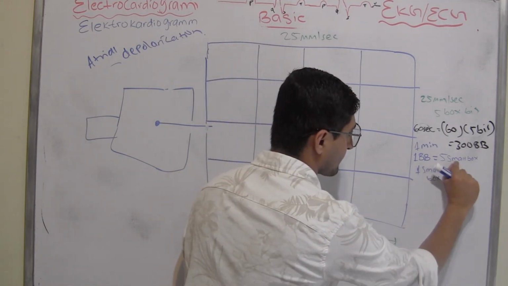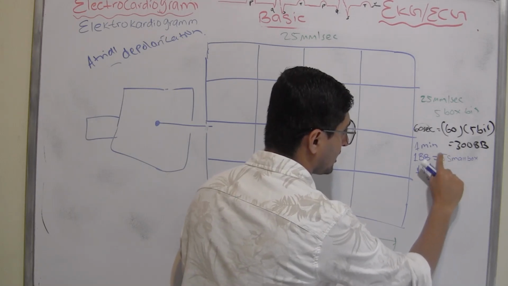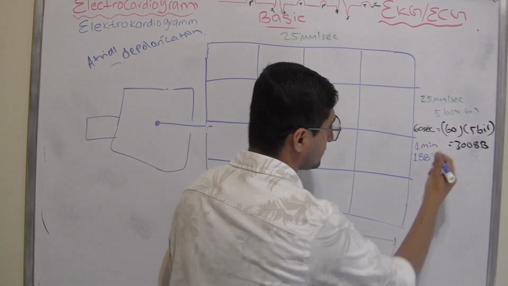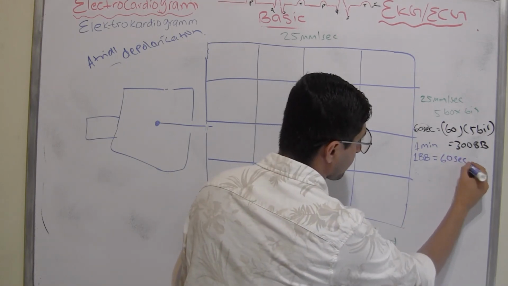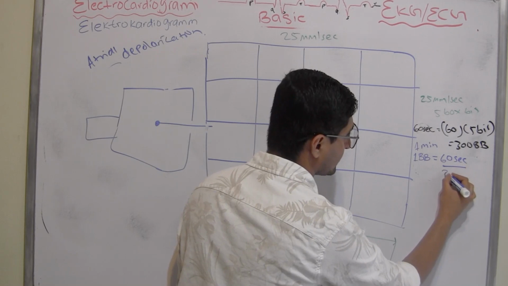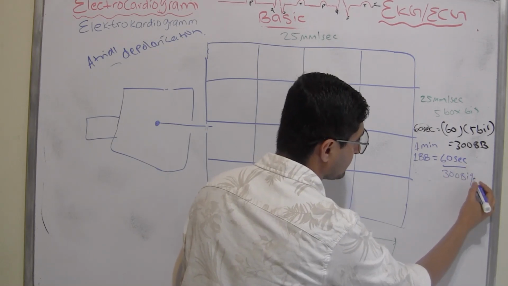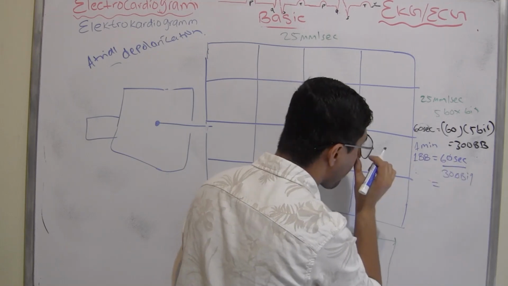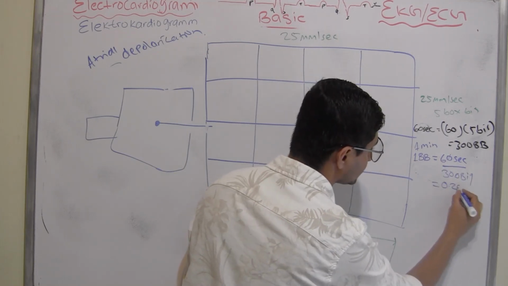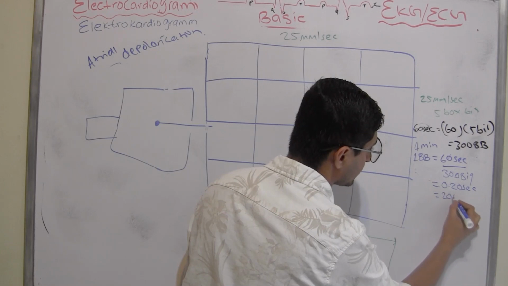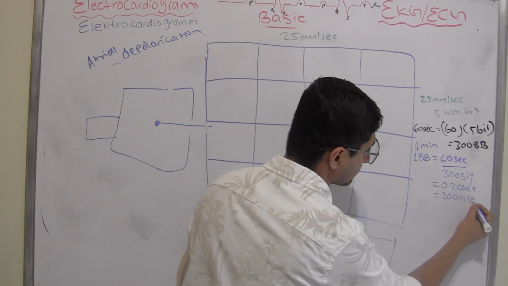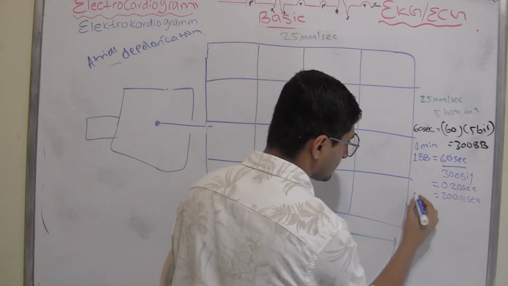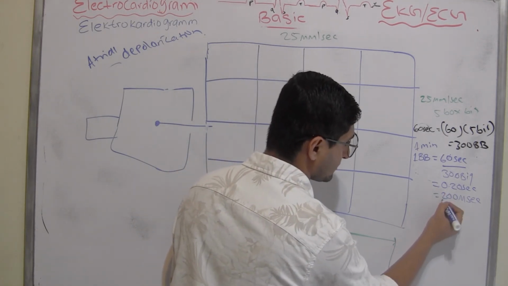If I want to find one big box, I can take 60 seconds divided by 300 big boxes, because that gives me one big box, which is 0.2 seconds, or simply 200 milliseconds.